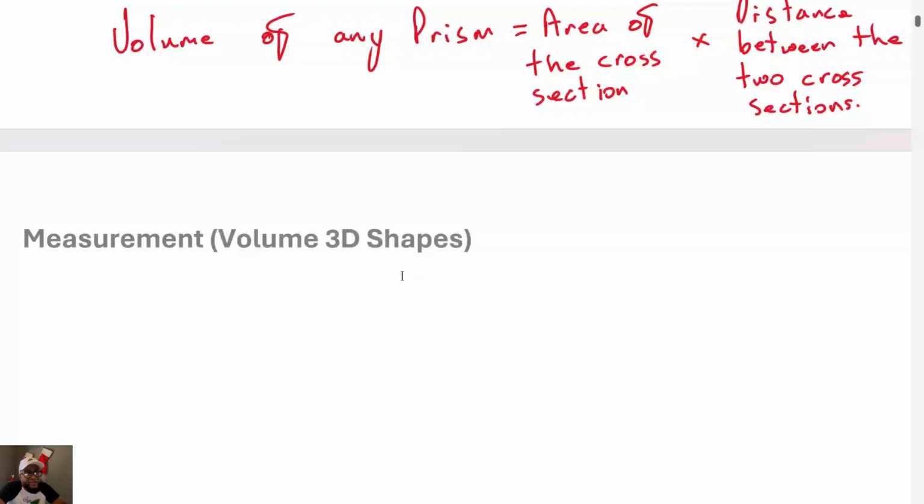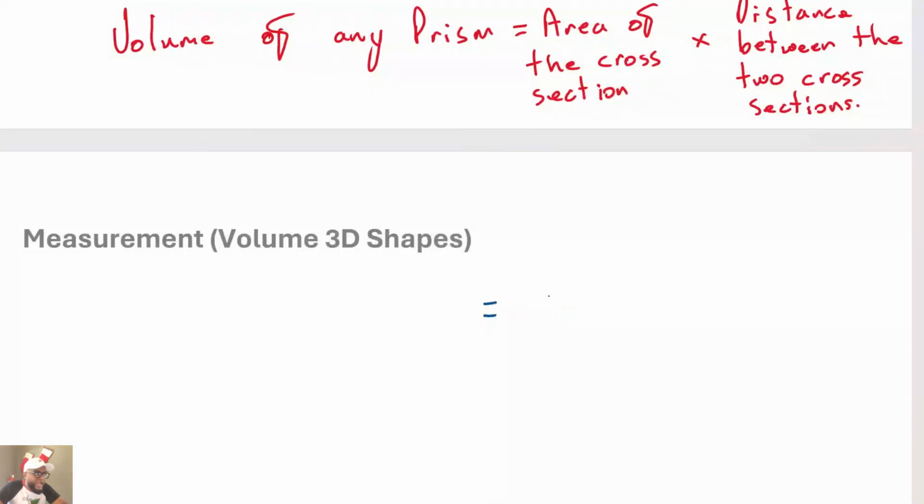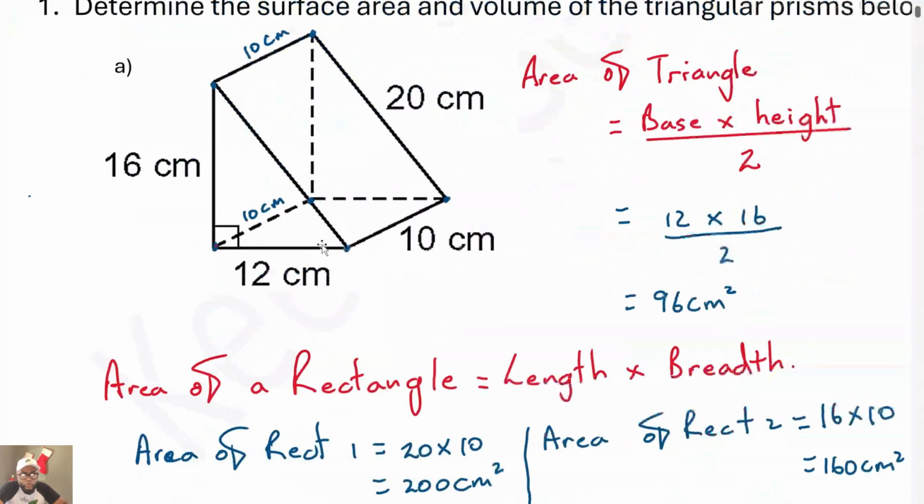And we already have the area of the triangle, my children. What was the area of the triangle? Somebody tell me. Area of the triangle, 96, multiplied by what is the distance from one triangle to the next, Rishana? I said from one cross section to the next, right?